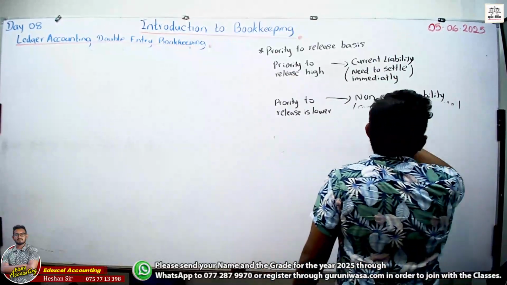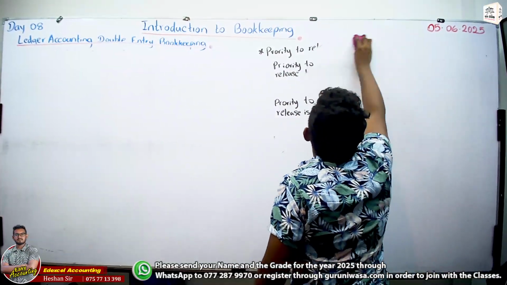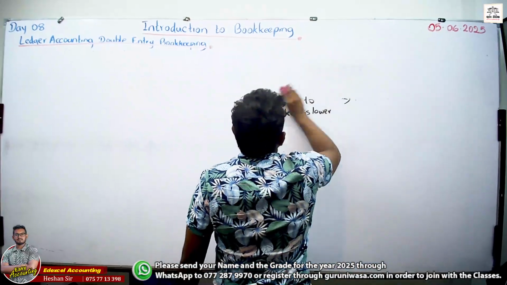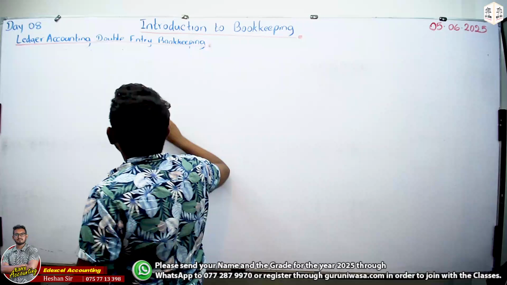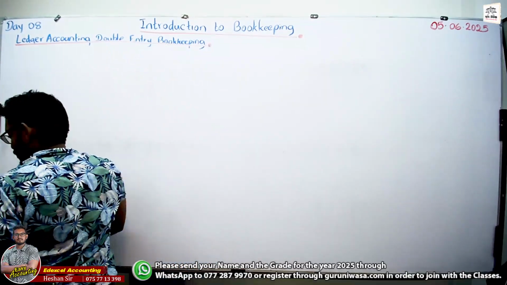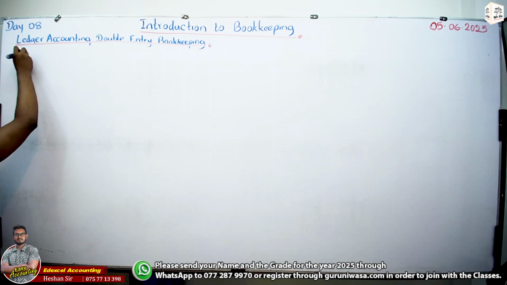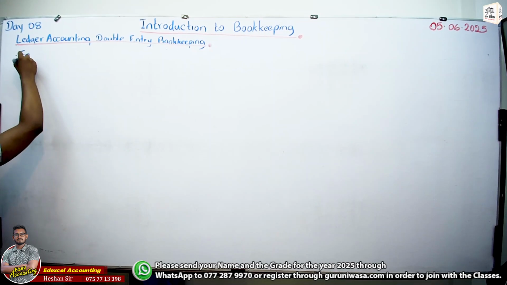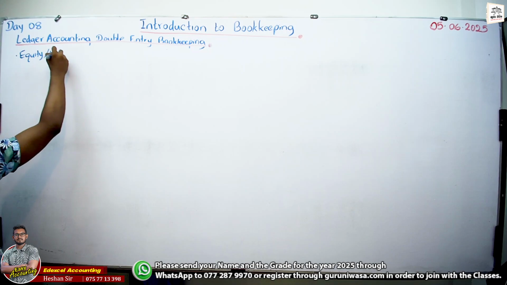So we finished assets and liability. Now it's about equity. What is the term called equity? Next one, write the next accounting element, equity, or another way, net assets.